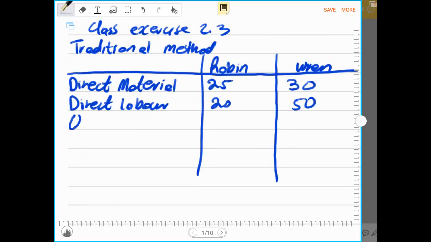Then we do overheads, and we know that our overheads are allocated using the traditional method.